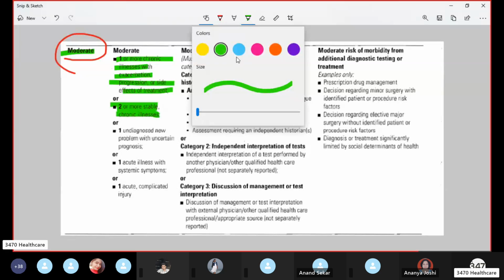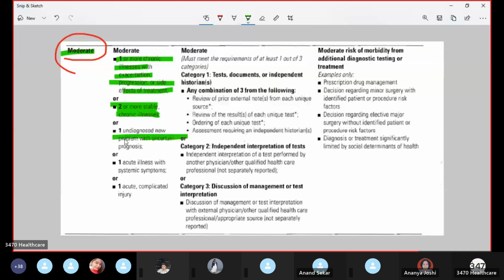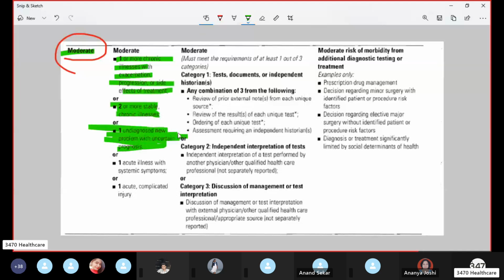And one undiagnosed new problem with uncertain prognosis. The patient is having chest pain, abdominal pain, but the final impression is not concluded. Why, what is the reason the chest pain came? They're not documented; they're telling only chest pain. One undiagnosed problem, a symptom they have now, but it is undiagnosed.